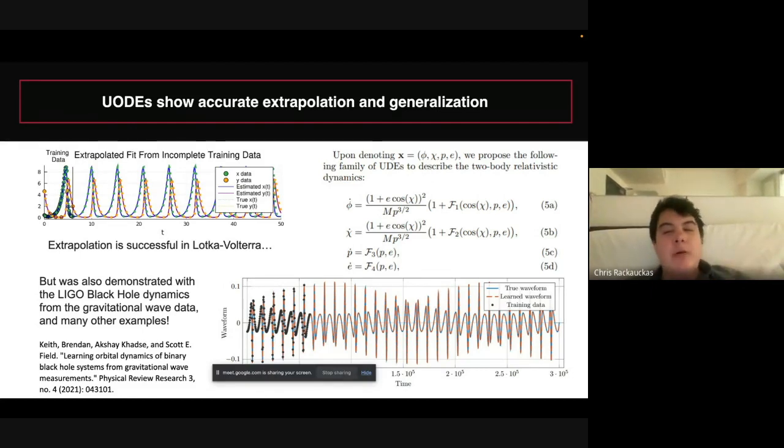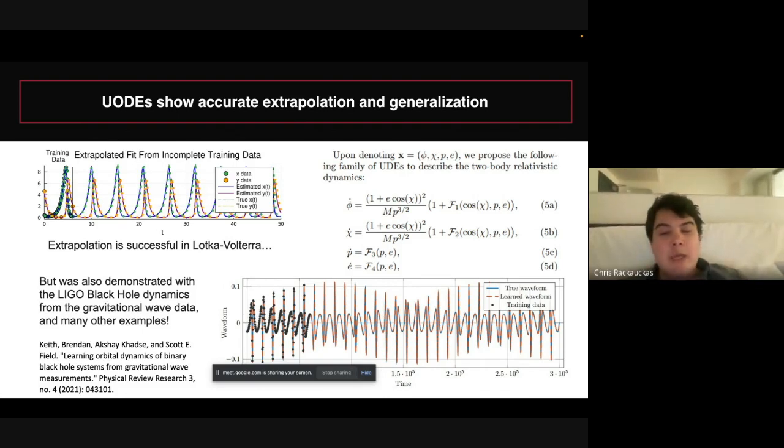You can't model it with Newtonian physics, but you can write down Newtonian physics in a rotating frame, which is equations 5a and 5b, plus neural network terms, right? And then the question would be, how can you have this discover what the relativistic corrections to Newtonian physics would be, in order to predict the motion of this binary black hole system?